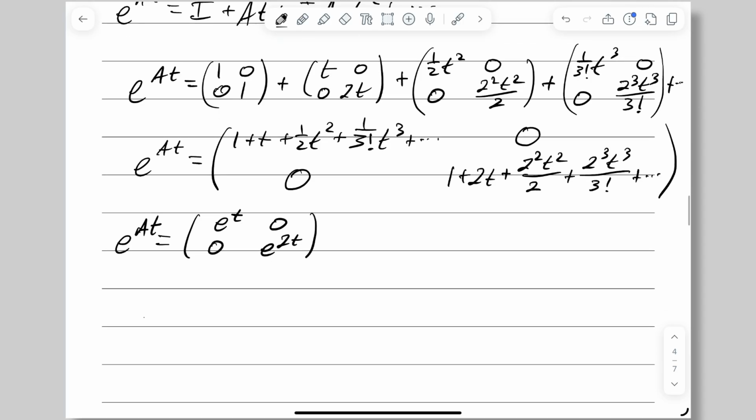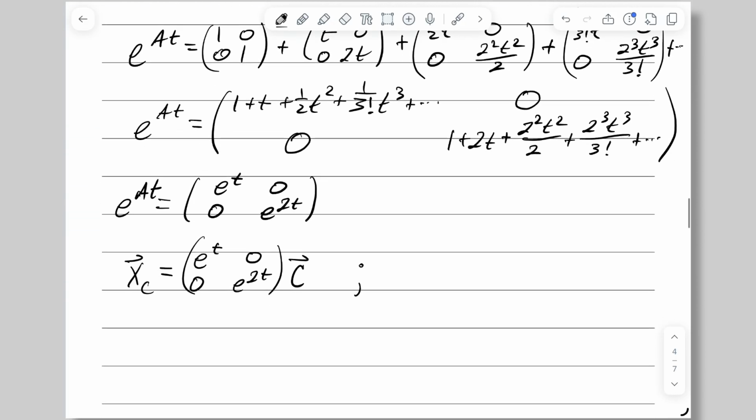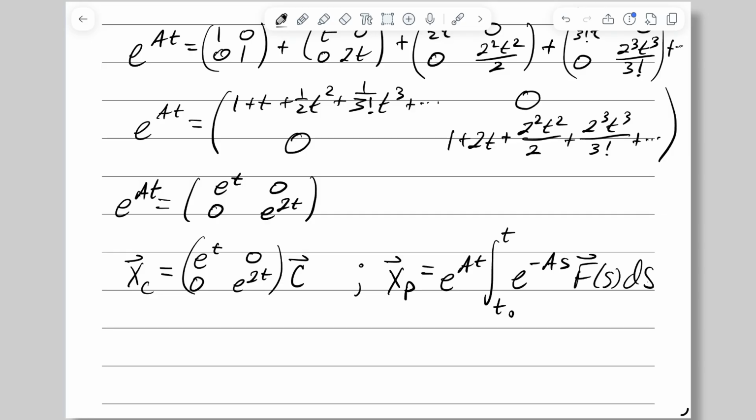That means that the complementary solution x sub c is e to the t, 0, 0, e to the 2t times c. Now, according to the formula that we saw above at the beginning of this video, x sub p, the particular solution, is e to the at times the integral from t naught to t of e to the negative as times f of s ds.